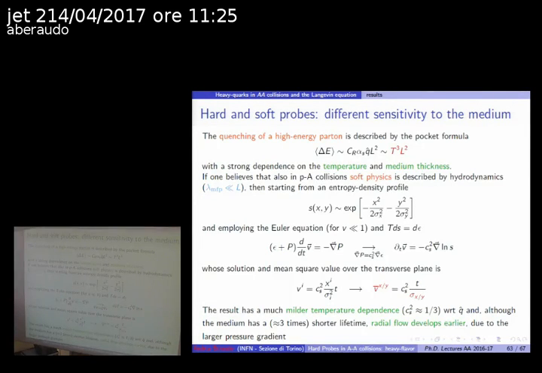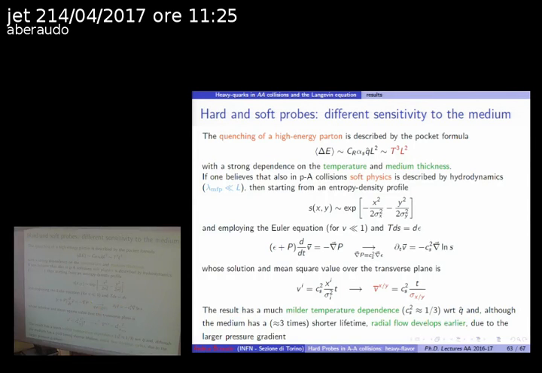Let us take as an initial condition this Gaussian distribution for the entropy density, and employ the Euler equation to describe the acceleration of a fluid cell driven by pressure gradient.